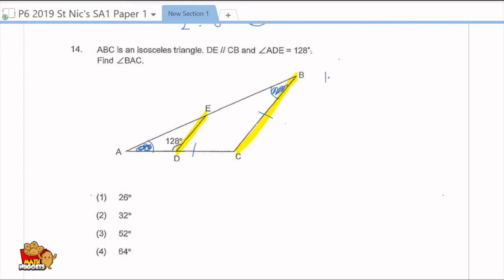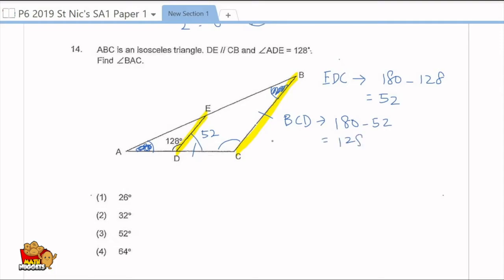Angle EDC would be equals to 180 minus 128, which is 52 degrees. So if you know that that's at 52 degrees, angle BCD, which would be your C angle, over here your parallel line, so interior angles here, they will make up 180 degrees, so angle BCD will be 180 minus 52, which is 128.